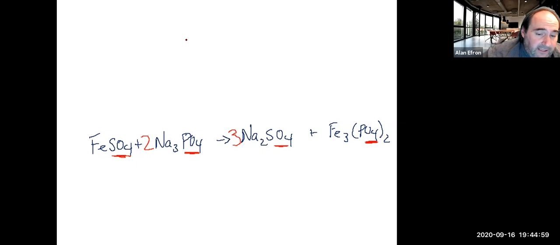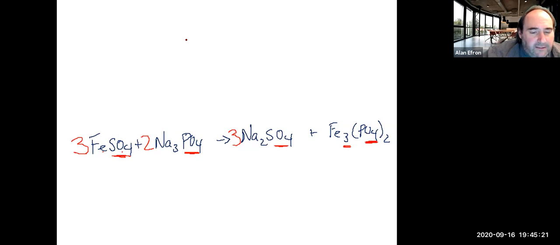That also tells me I should then go to the other side and fix my sulfate on the left, and I could do that by putting a 3 in front here. Gives me 3 sulfates, and also now gives me 3 irons, which if I go to the right-hand side, yay, that's what I needed, three irons as well.